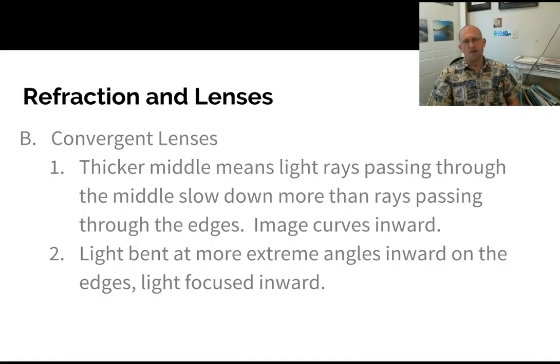Or you could consider that light is bent at the more extreme angles because of the more extreme curvature at the end of the lens, and they're bent inward, and that's what makes it focus. So if either of those mental pictures help you, good for you.